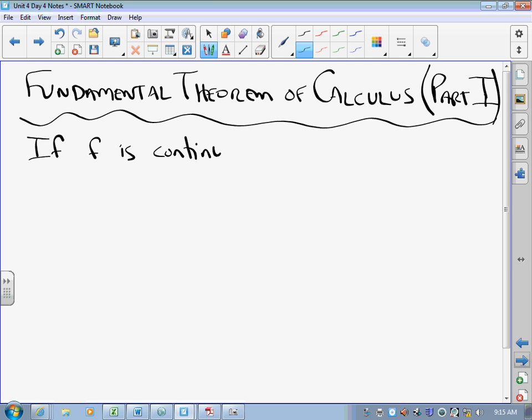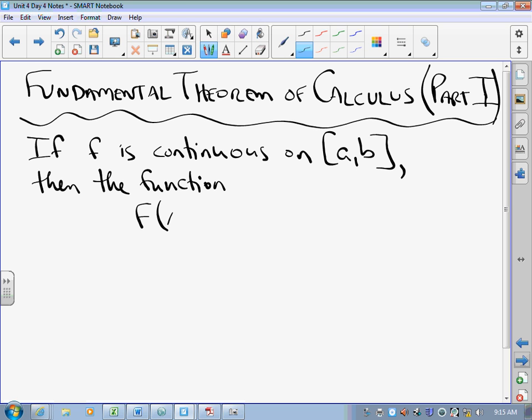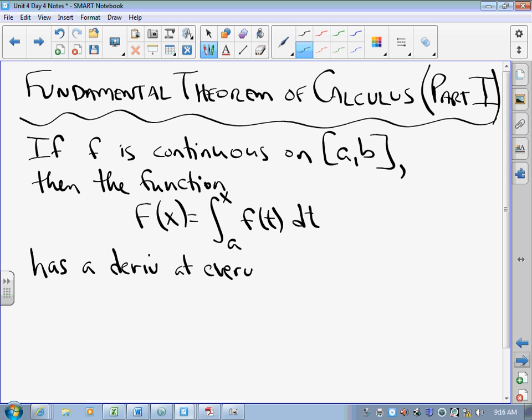If f is continuous on the closed interval [a, b]. We say continuous because that means that f is integrable. Then the function capital F of x, which is the integral from a to x of little f of t dt, has a derivative at every point x between a and b.